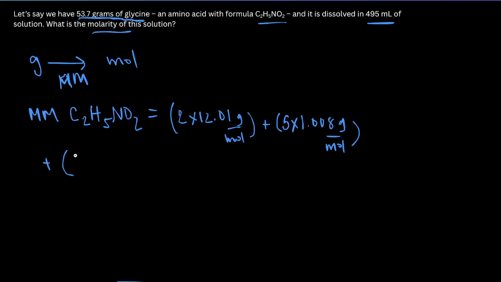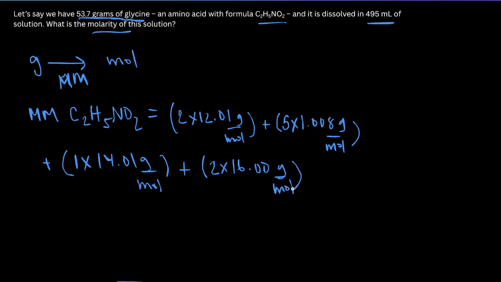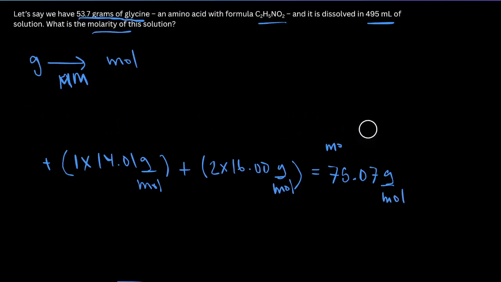Plus 1 times about 14.01 grams per mole. That's for nitrogen. And finally for oxygen, just add the molar mass, giving us an answer of about 75.07 grams per mole. This is going to be our molar mass of glycine. Right, now that we got the molar mass, let's just get rid of this work.